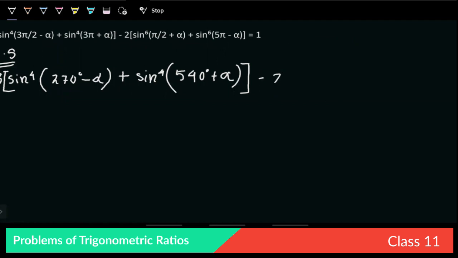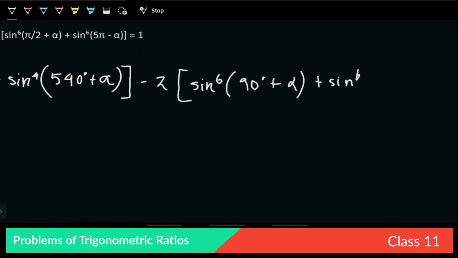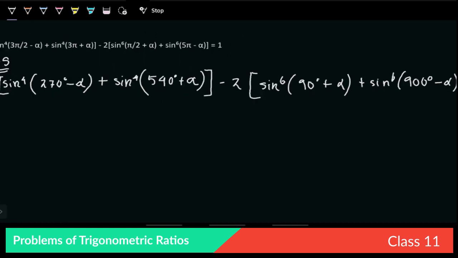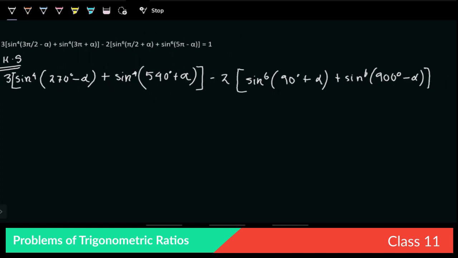Now it is minus 2 into sine to the power 6 of (π/2 plus alpha). π/2 means 90 degrees, 90 degrees plus alpha, plus sine to the power 6 of 5π. 5π means 5 into 180 degrees, that means it is 900, 900 minus alpha. So basically we have to prove this LHS equals 1. Okay, this is our sum.